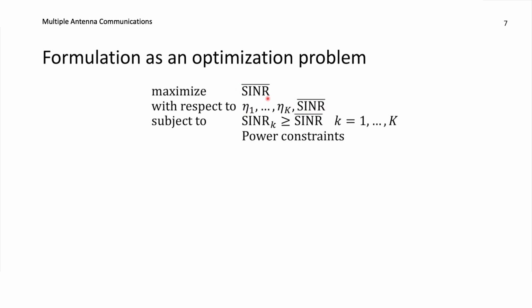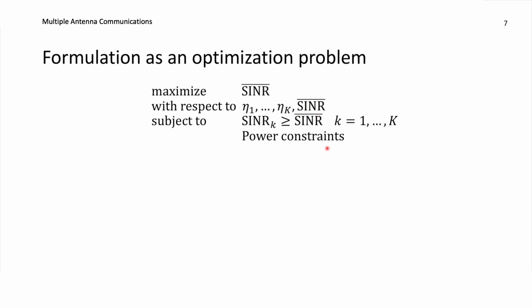So we would like to make that value as large as possible, subject to certain constraints that we need to satisfy. One is that the SINR k, which was the expression I was showing you in the beginning of the lecture, containing A and B and the eta parameters, should for every user be greater or equal to this SINR bar value, so for all of the users.